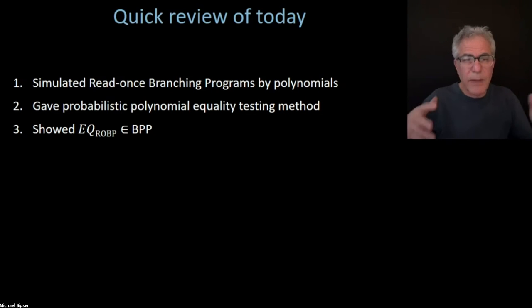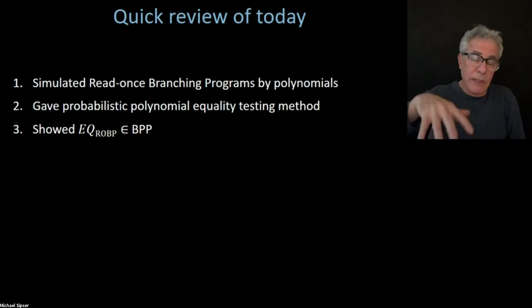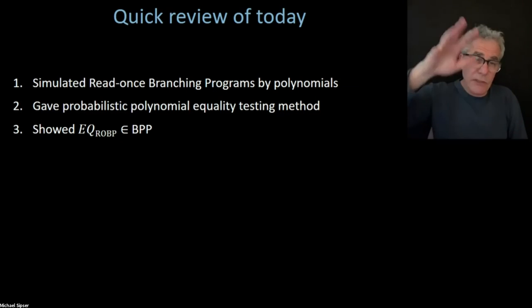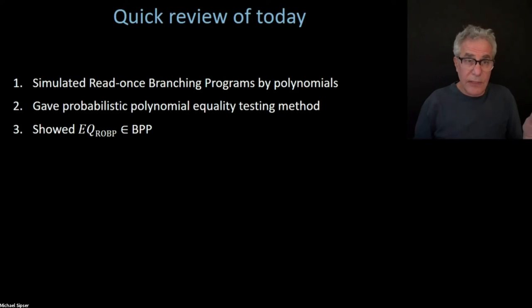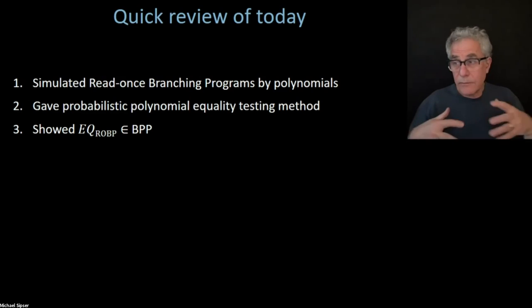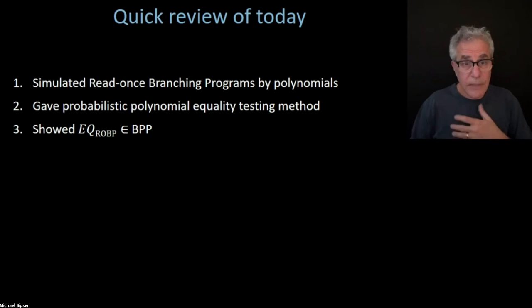Those are the number of possible inputs. So each field element has 3m possibilities roughly, and there are m field elements, so it's m to the 3m different possible inputs that you're picking at random.